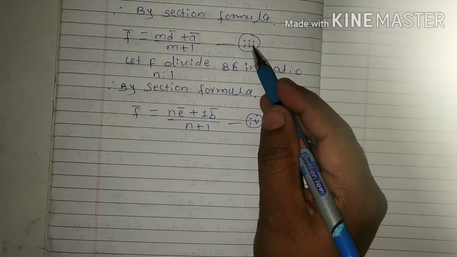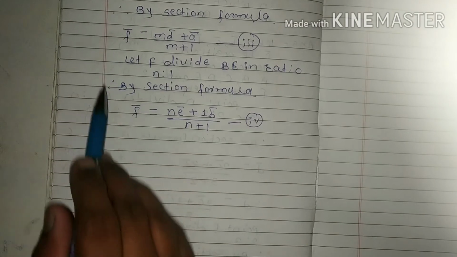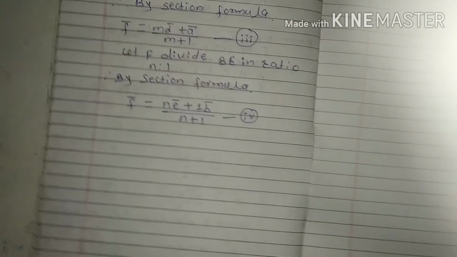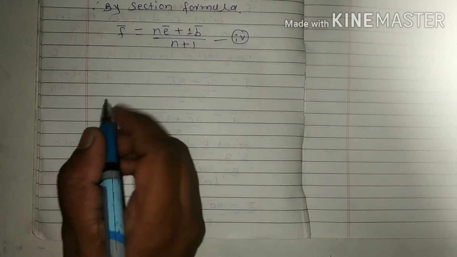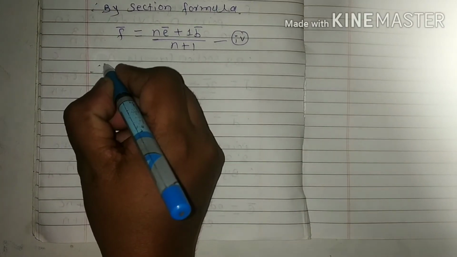From equations 3 and 4, the left hand side is equal, that is f bar. Then we compare the above equations 3 and 4.